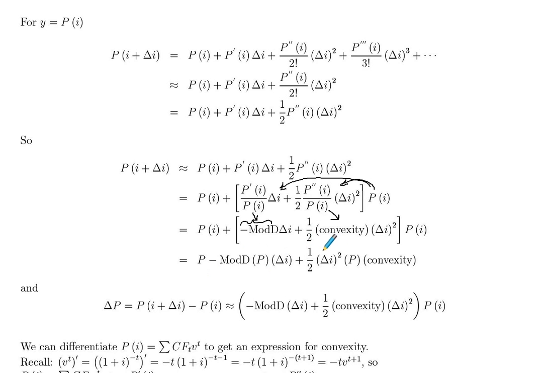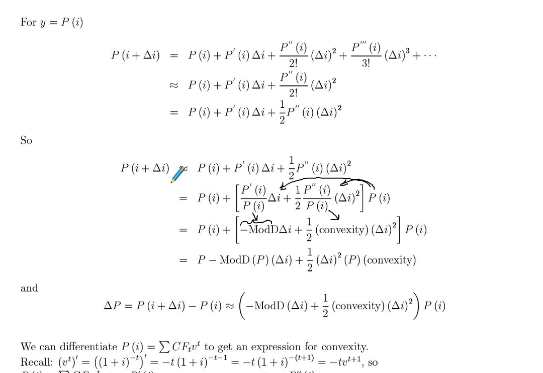And now from the convexity term, that is the relative rate p double prime over p, we get this additional term here, 1/2 times the convexity times delta I squared, and then times the p of I, because this will come in times each piece. So this is the term that we got before, and this is our new one. Okay, so this is, if you want, a correction to the first order approximation.